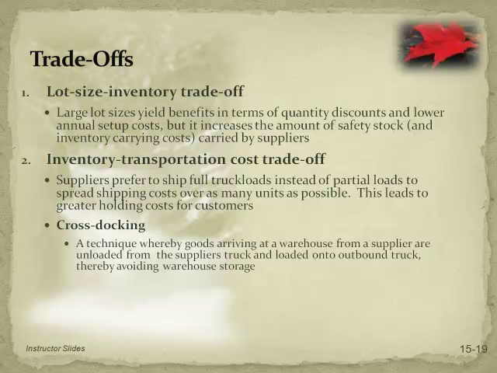It goes directly to the other side of the distribution center where the outbound trucks are located, and is placed on a skid and goes onto an outbound truck without ever going into some type of storage location. So cross-docking is a very efficient way of moving material through the distribution center, and we avoid the costs of putting something into inventory and then having to take it out of inventory to put it on a truck.